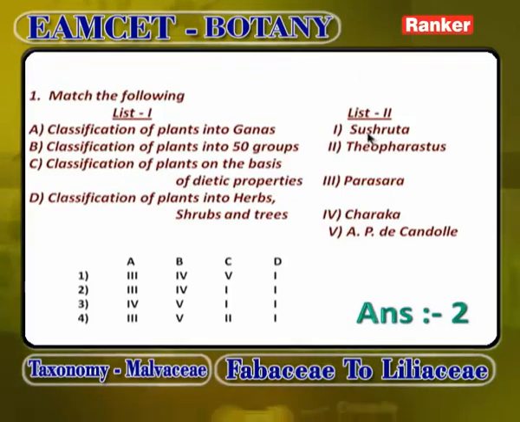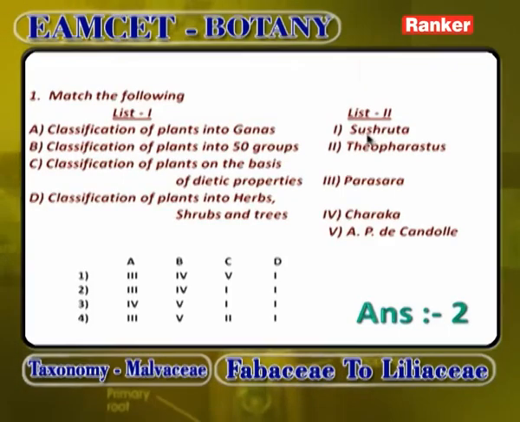On the basis of dietic properties and their ecological relationships, plants are classified into different categories by Sushruta. Classification of plants into herbs, shrubs and trees is done by Theophrastus. So the answer is 3, 4, 1, 2. D is not 1, D is 2. Next.